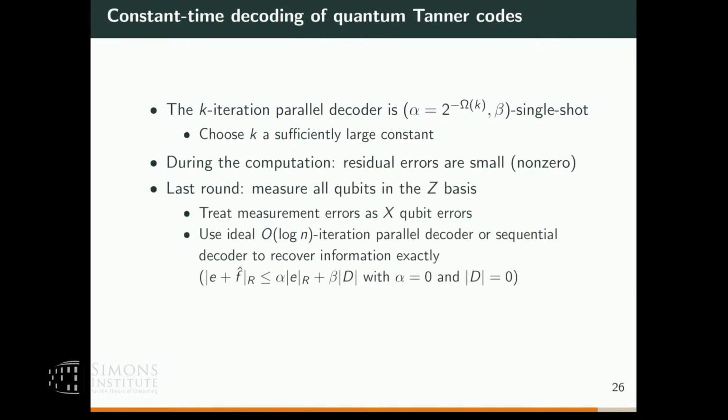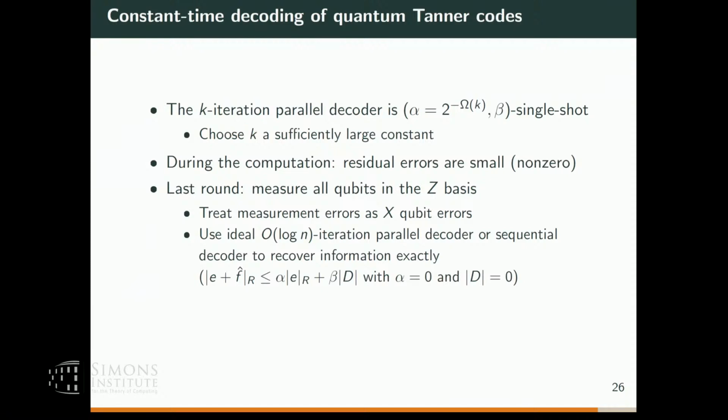And maybe at the end, we want to actually read off the logical information. In that case, maybe we would just measure all of the qubits in the Z basis, which will allow you to perform a logical computational basis measurement. When we do that, we can treat all of the measurement errors as an X qubit error right before the measurement.